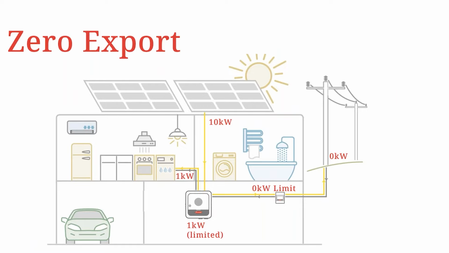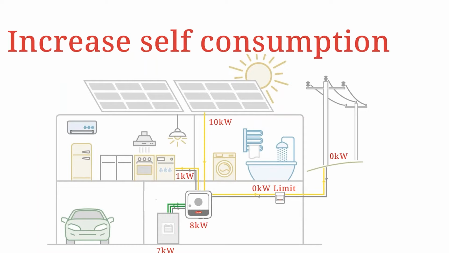Of course, if you have a zero export system, you're not allowed to put any energy back to the grid, and you can see some very severe limitations put on the inverter. So if we only have a small load in the building, the inverter is only able to work to a very small output. Of course, we can improve this situation by adding something like a battery.